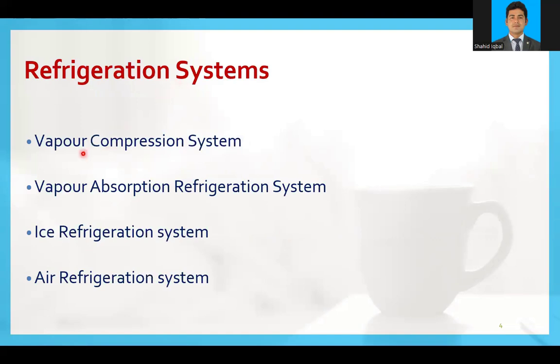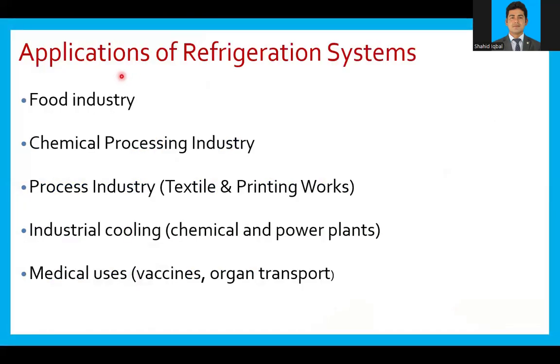There are different refrigeration systems. Here are a few different types of refrigeration system. The first one is vapor compression refrigeration system, then vapor absorption refrigeration system, ice refrigeration system, and air refrigeration system. So here are the applications of refrigeration systems. Different refrigeration systems are used in different fields.